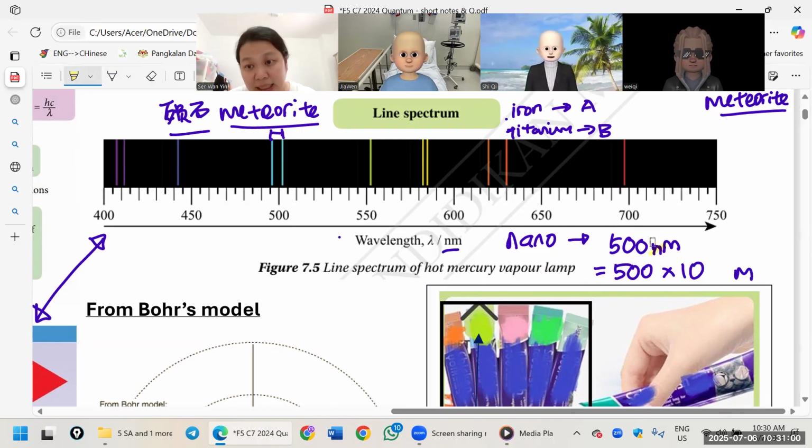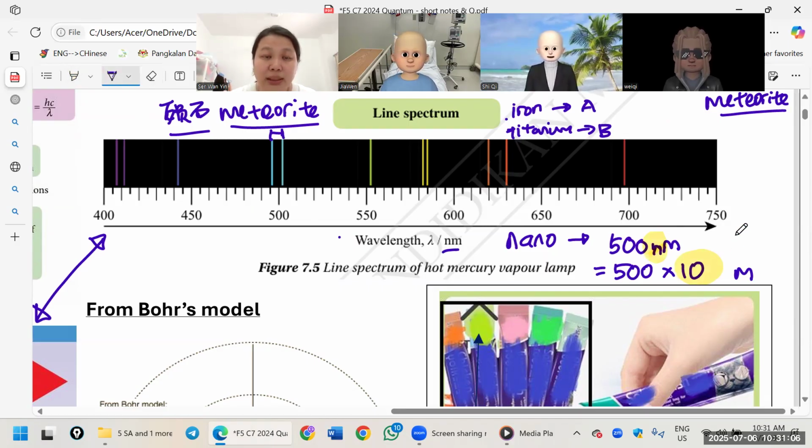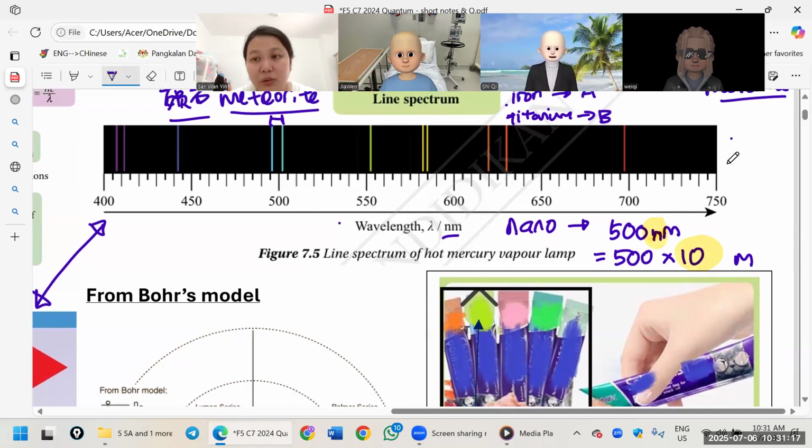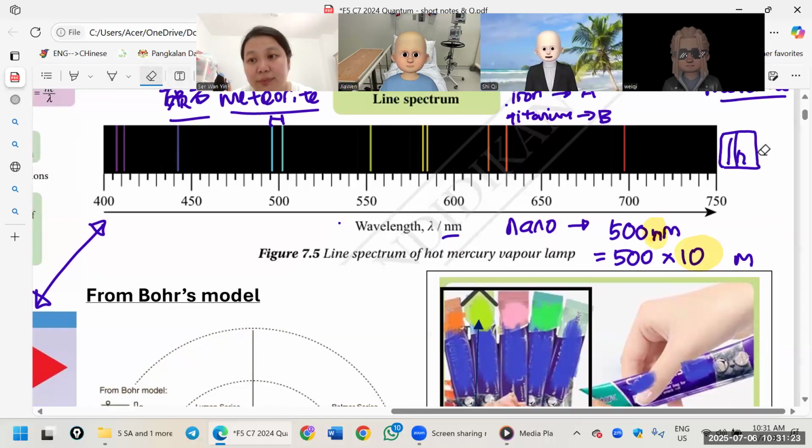Must be alert. Nano, change to the prefix standard form. Please press your calculator and tell me. You press 1 nano, on your calculator.